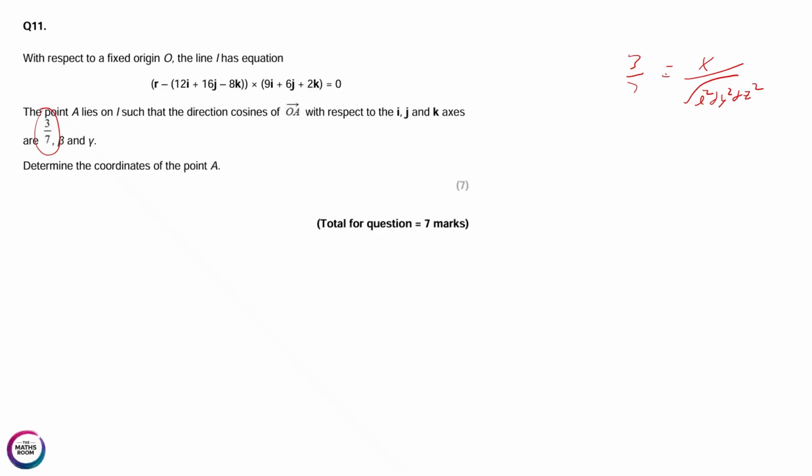Then because that's positive, that means my x must be positive. So the point A, which is x, y, z, my x has to be positive, guys.